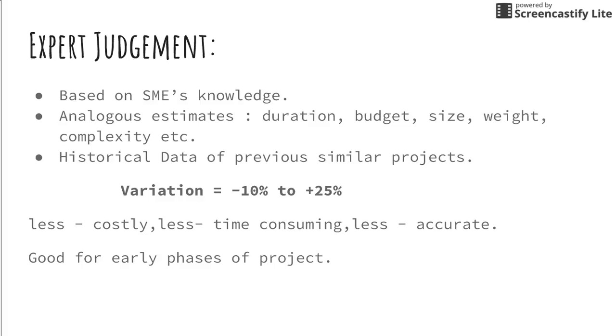It is an analogous way of estimating based upon duration, budget, size, weight, complexity, etc. It takes references from the data of previous similar projects, and thereby these are more accurate than the top-down estimation technique. The variation you can see is between minus 10% to plus 25%.